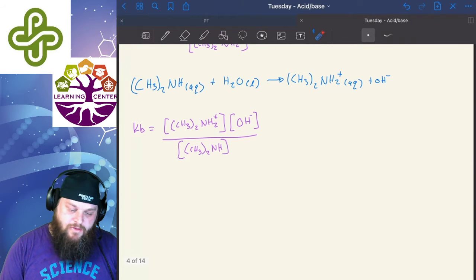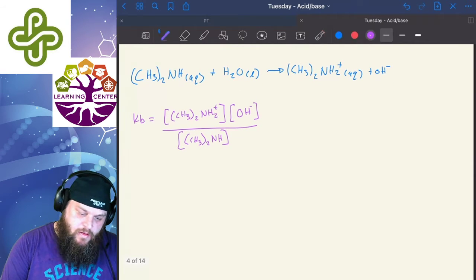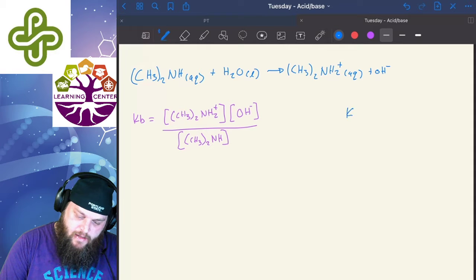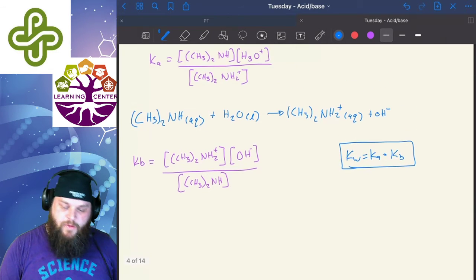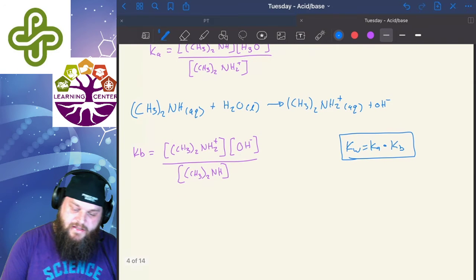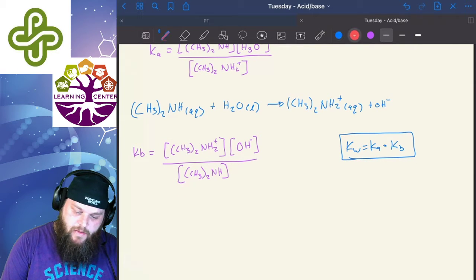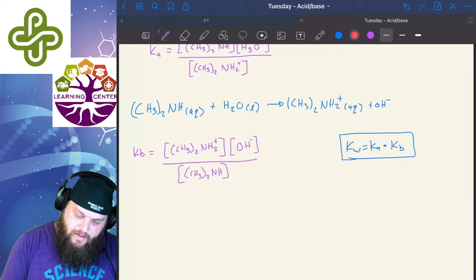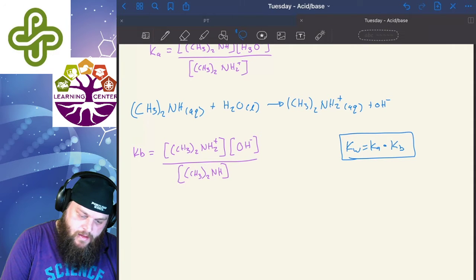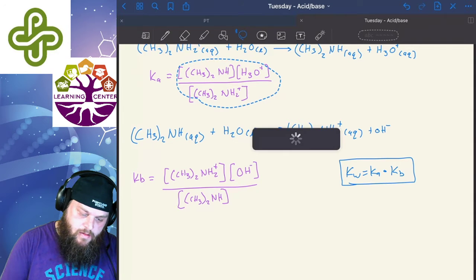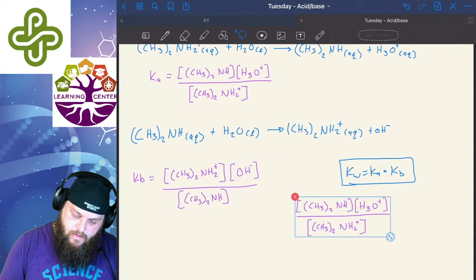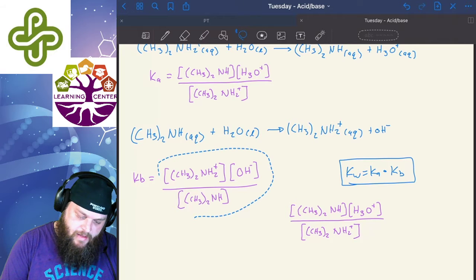And the nature of these two is that we can say Kw is equal to Ka times Kb. So we can convert back and forth between those using these reactions, and we can see that if we multiply these together. So I'm going to do a quick copy and paste of that Ka so I don't have to write that all over again. It's there. I'm going to multiply that by Kb.